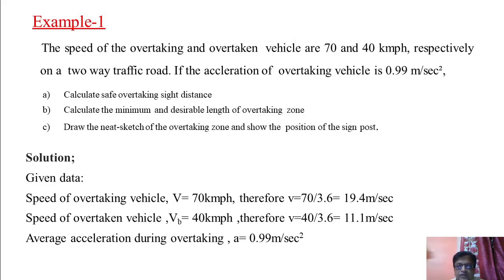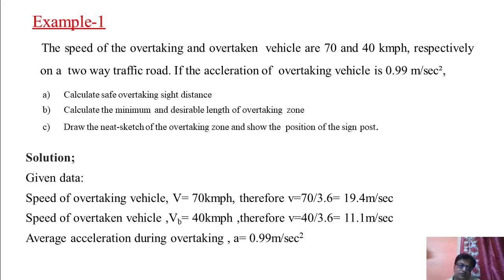Speed of the overtaking vehicle, that is the fast moving vehicle, 70 kmph. You can convert that into meter per second, so divide by 3.6, 19.4 meter per second. Speed of the overtaken vehicle, that is the slow moving vehicle, we call it VB, 40 kmph. Converted into meter per second, dividing by 3.6, 11.1 meter per second.